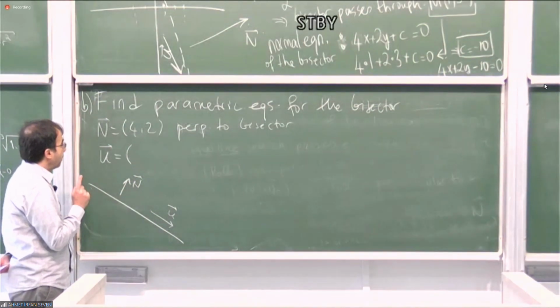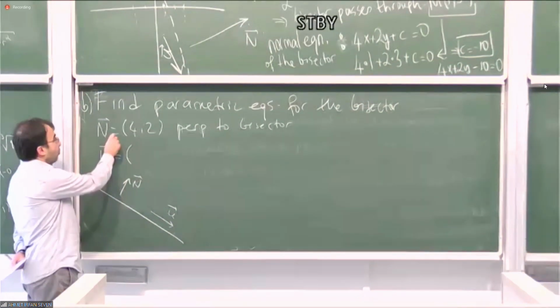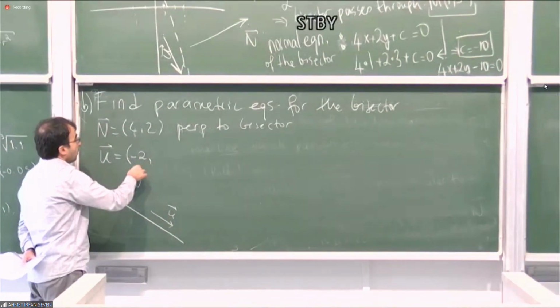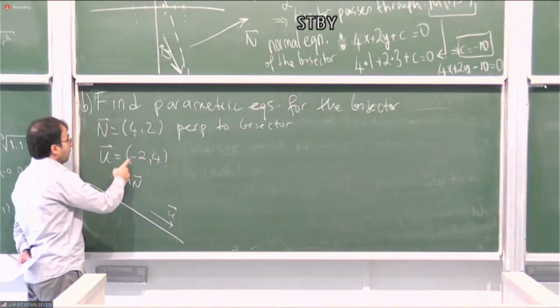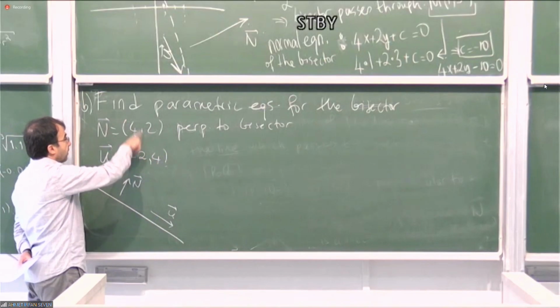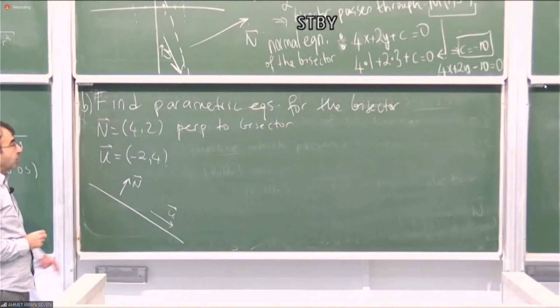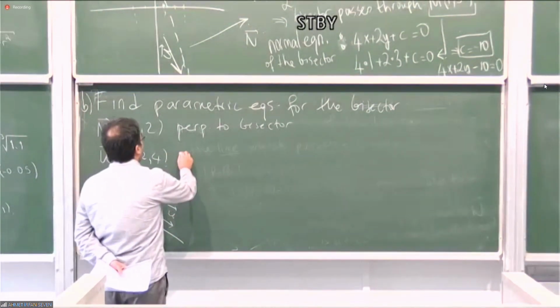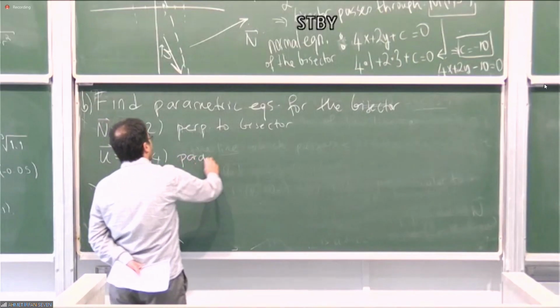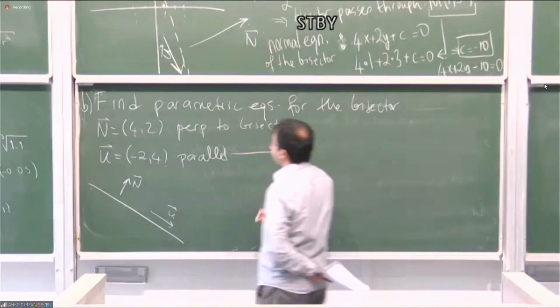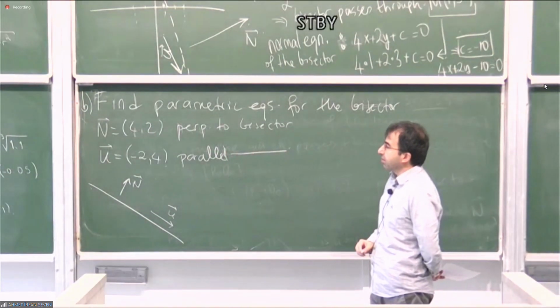All I need is to find a vector whose dot product with this one equals 0. What should it be? Very easy. For example, minus 2, 4. If I take the dot product of these two, it will be 0. So this will be parallel to the bisector.